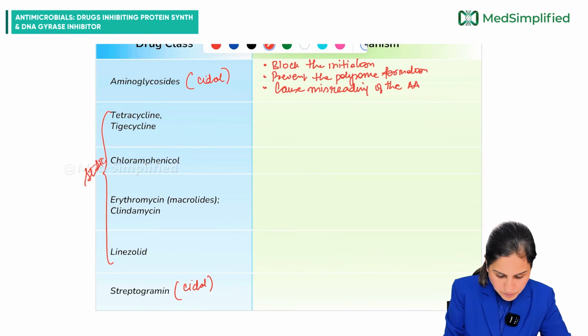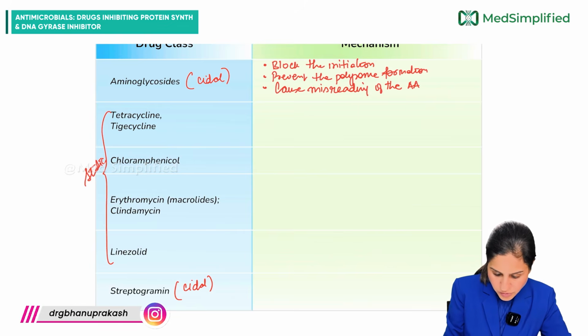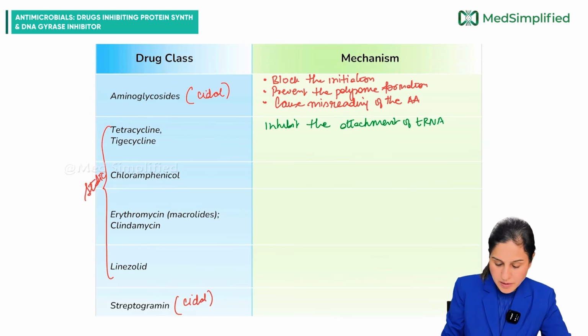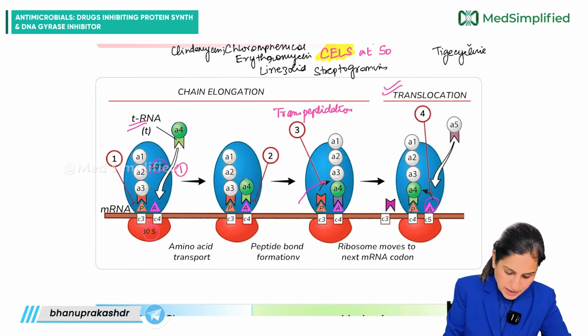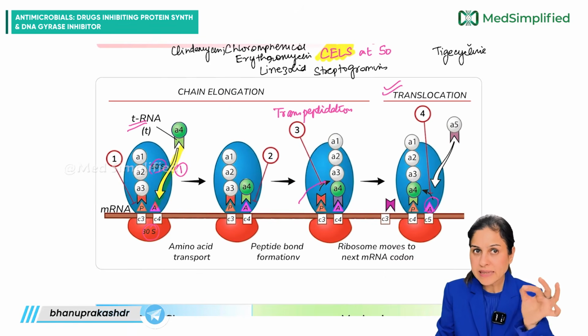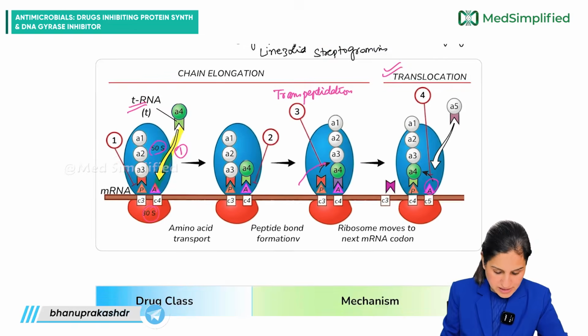They inhibit the attachment of tRNA. The first step, when the tRNA brings in the new amino acid: T for tRNA, T for tigecycline and tetracyclines, they inhibit this first step, okay?